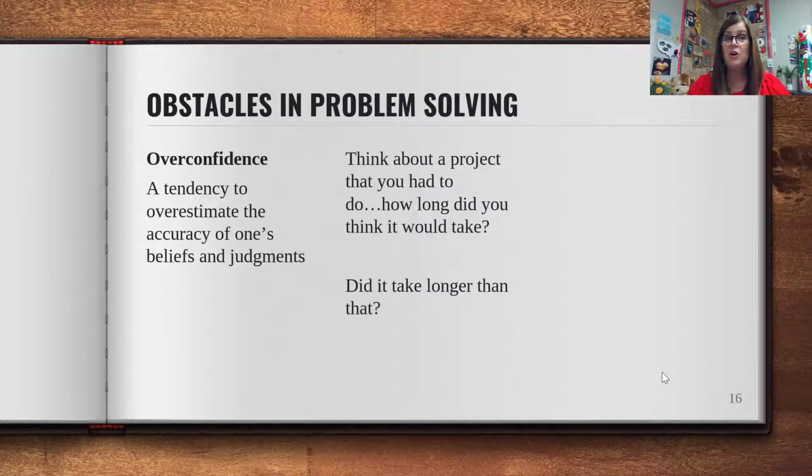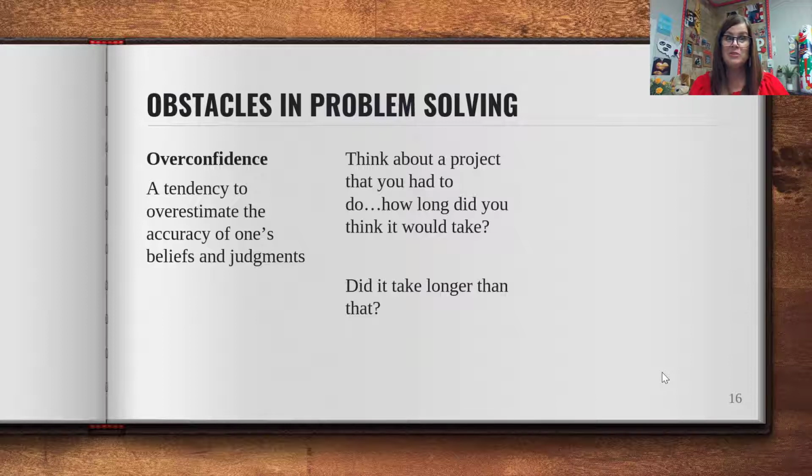Another obstacle would be what we call overconfidence. Overconfidence is a tendency to overestimate the accuracy of your beliefs and judgments, that you might have more skill or more talent or more time to finish something than you really do.